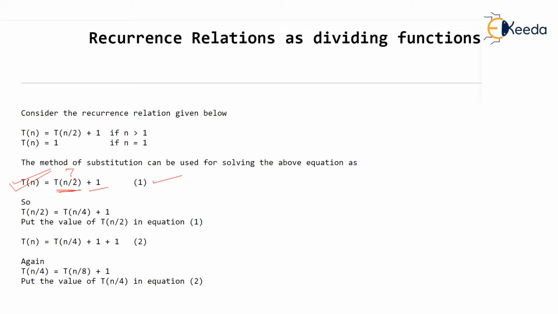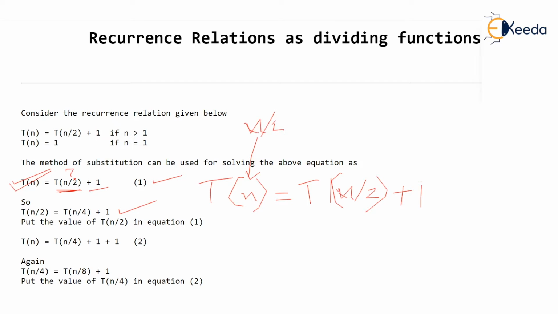It is easy to see that T(n/2) is T(n/4) + 1, because given the equation T(n) = T(n/2) + 1, what will be T(n/2)? Well, you will just put on the left hand side, instead of n, n/2.